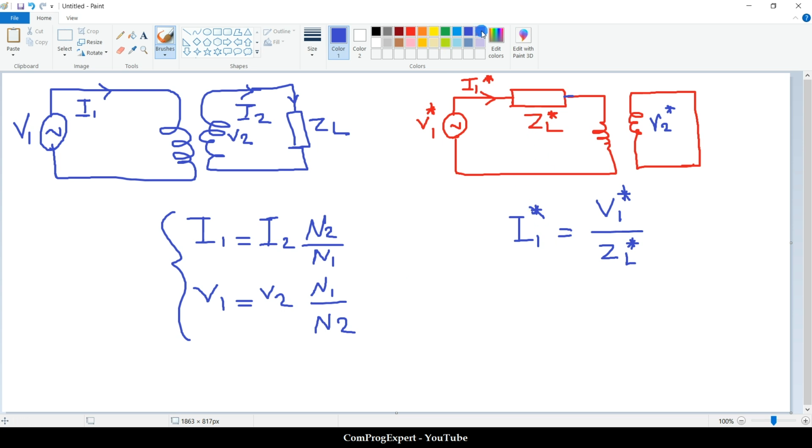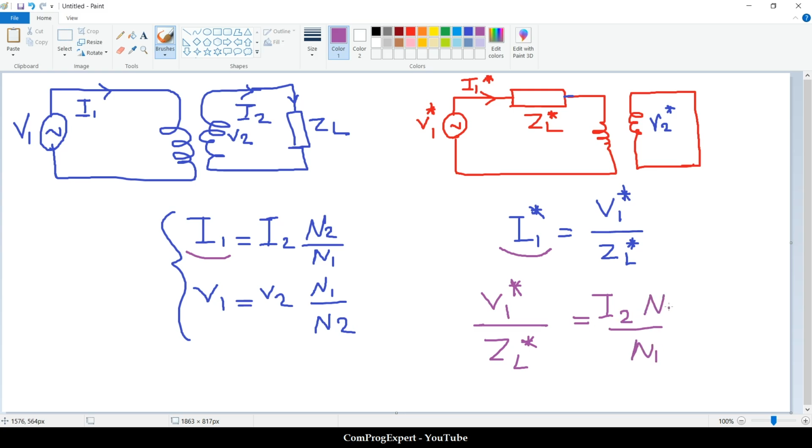So we have this current equation and this voltage equation for the ideal transformer, and we have this case. So how can we satisfy this condition? This must be equal to this one, right? So we can write V1 star divided by ZL star must be equal to I2 times N2 divided by N1.